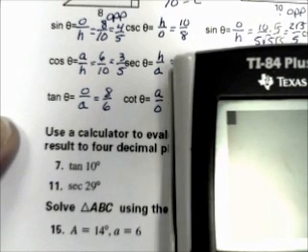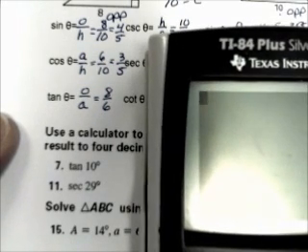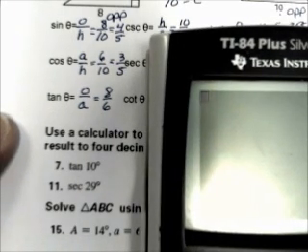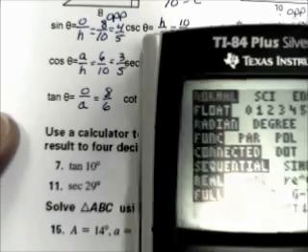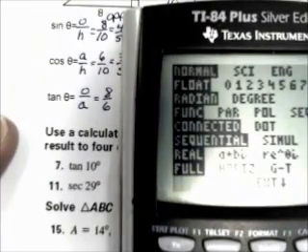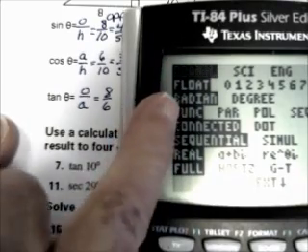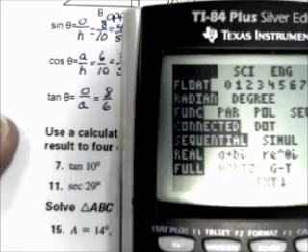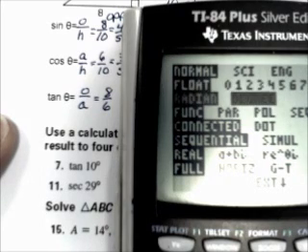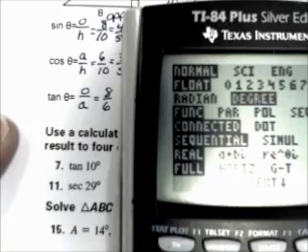So if we're evaluating the trig function of an angle in degrees, we need to place our calculator in degree mode. Whatever's darkened here, that's the mode we're in. The third one down says radians. We want to arrow down and over until we're on degrees, press enter. Now degree is darkened, so we're in degree mode.